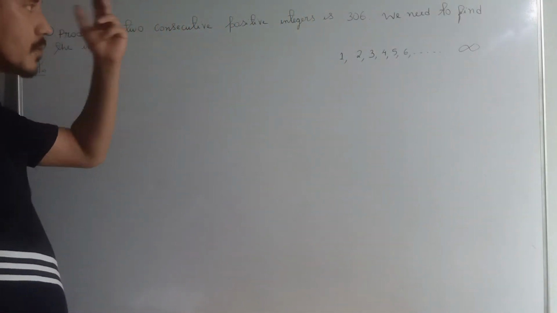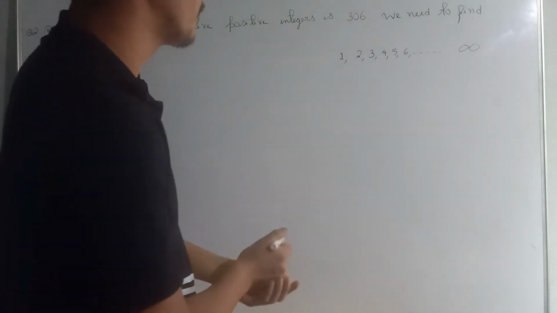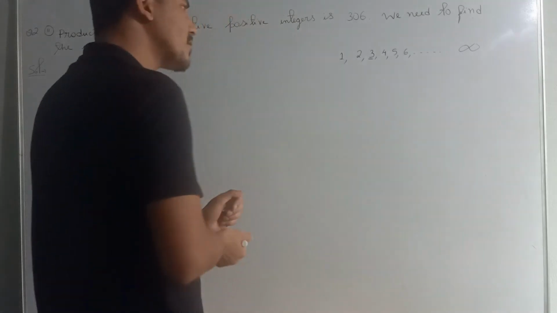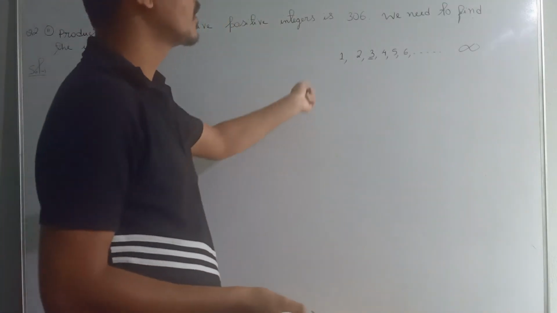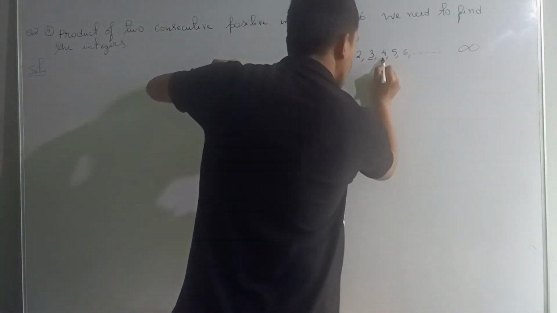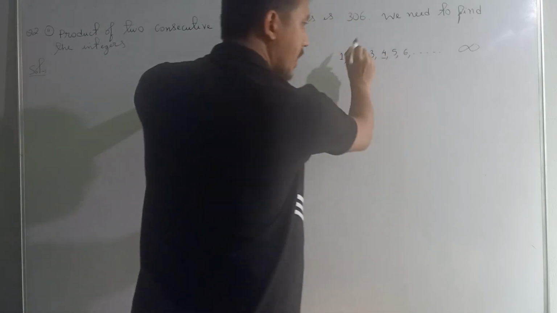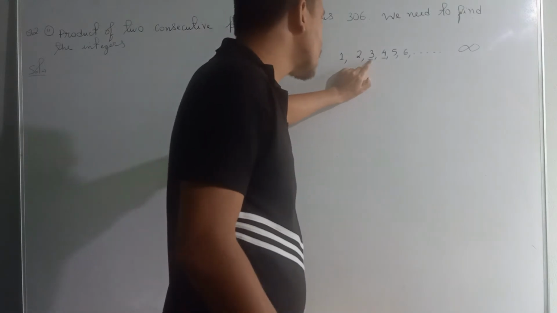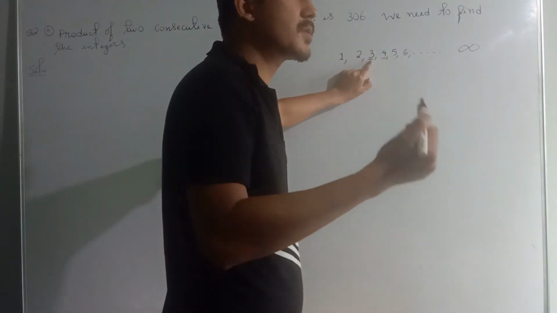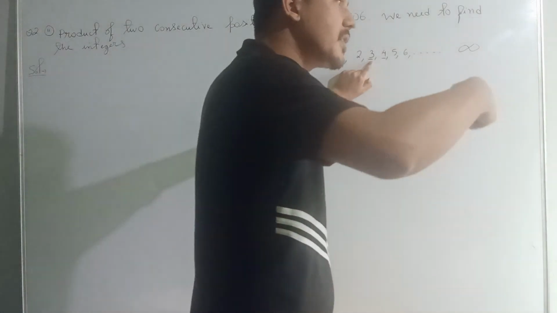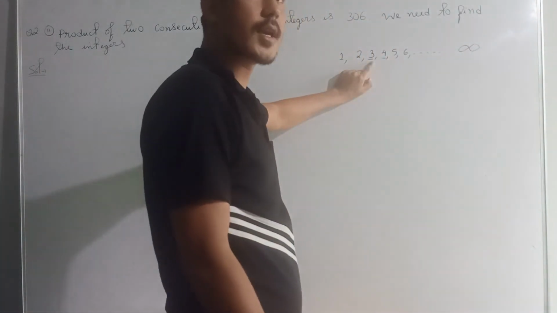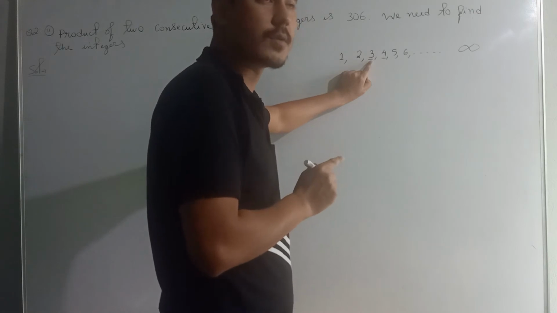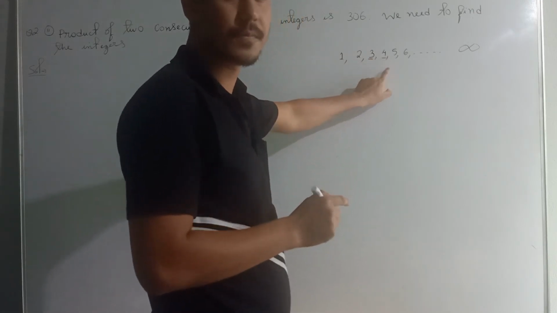So these numbers represent your positive integers. So we need two consecutive positive integers. If we choose 3 as your first positive integer, the next positive integer will be 4, the immediate one, consecutive, without any gap, right? Its next positive integer can be obtained by adding 1 to the first, because 3 plus 1 gives you 4.